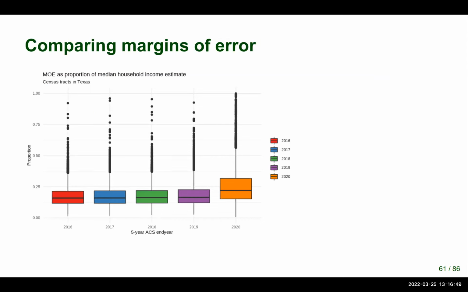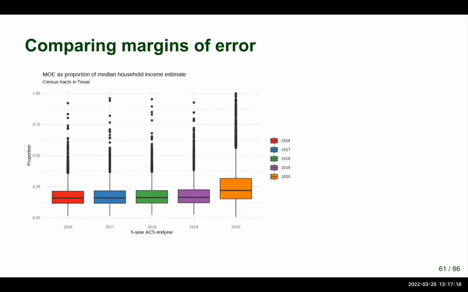I took a crack at this when the data came out, just making a comparative box plot. This is from the median household income estimate for all census tracts in the state of Texas. I pulled the data down for the 2012 to 2016 through 2016 to 2020 ACS, and I calculated the margin of error as a proportion of the median household income estimate.